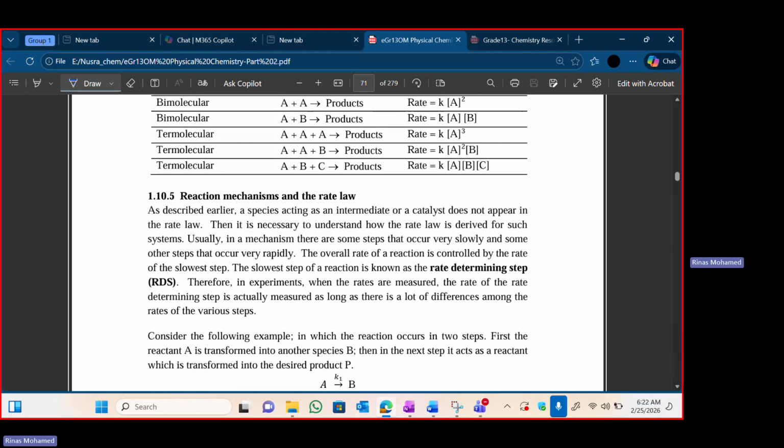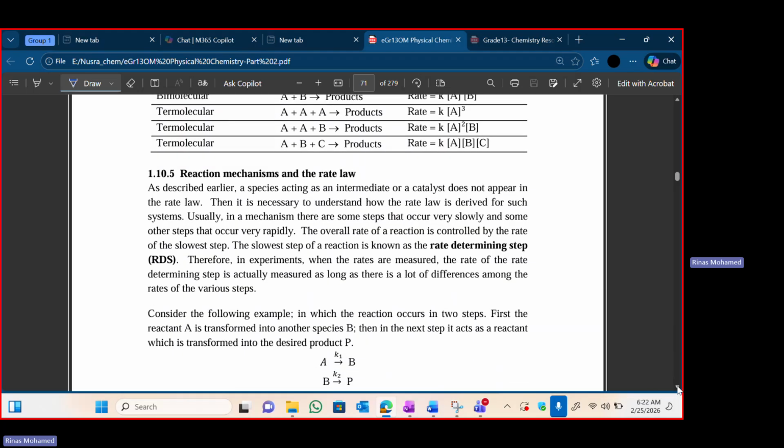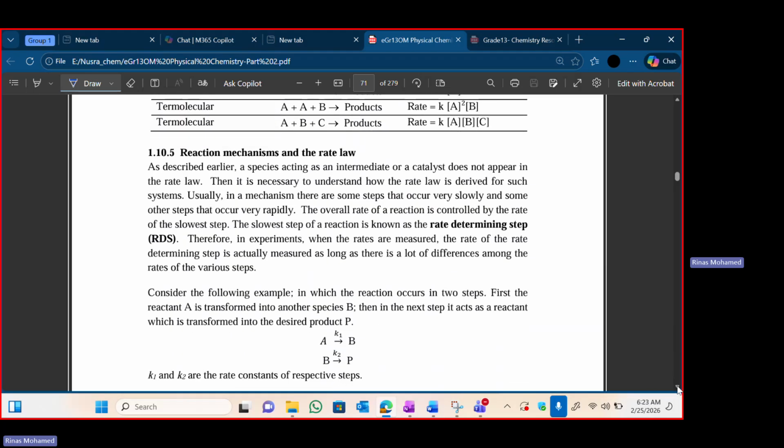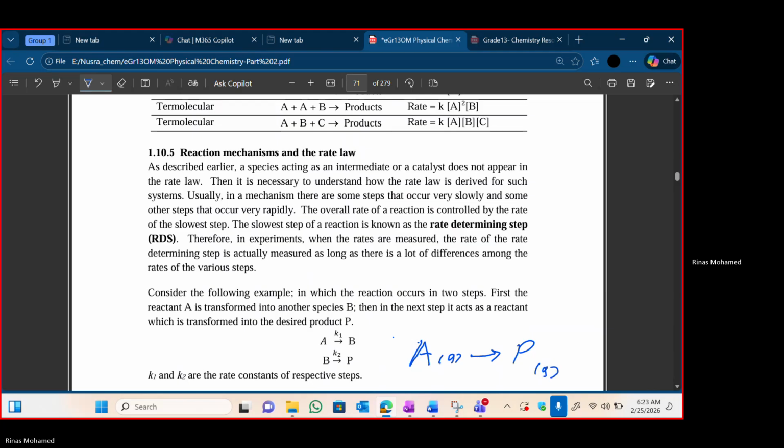And again, in a reaction mechanism, that means multiple step reactions, for example, if A gas turns into P gas, but this is not a single step reaction.